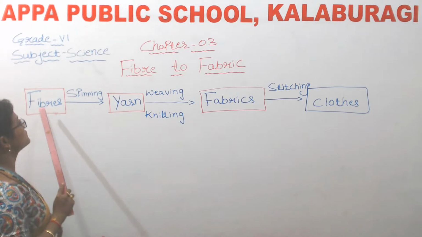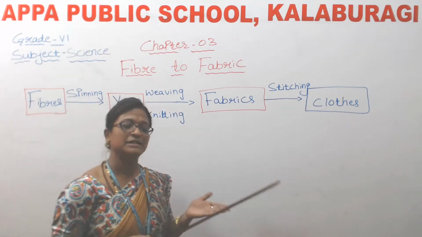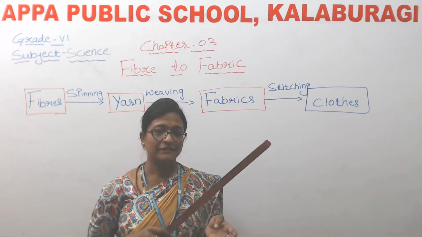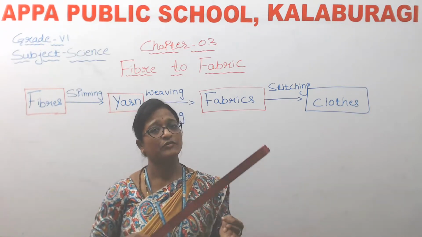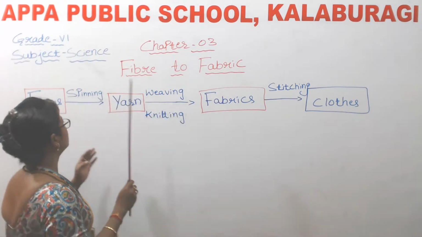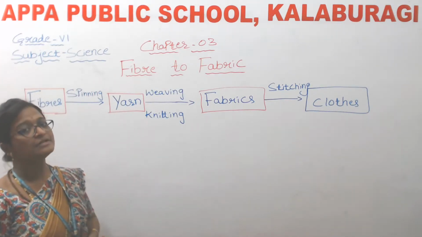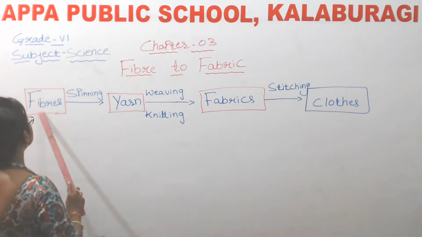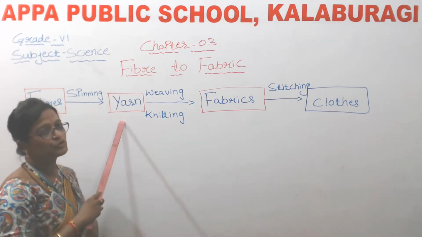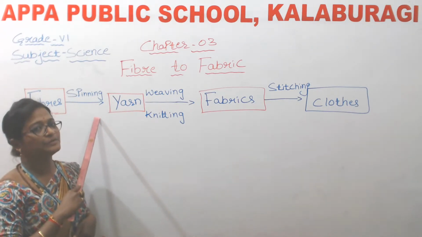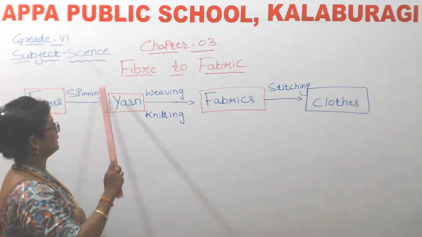So once again I will repeat, children. The fibers which are obtained, either natural fiber or synthetic fiber, either from plants or animals or from chemicals, are converted into yarn by the process of spinning.